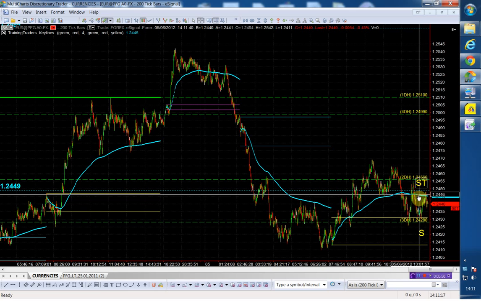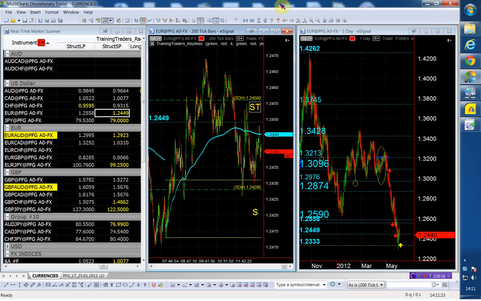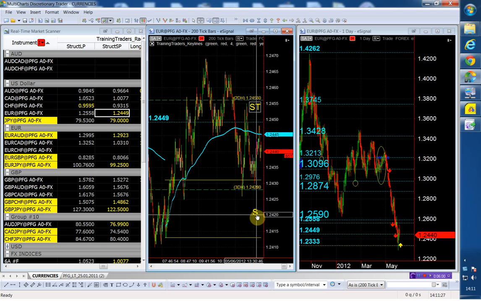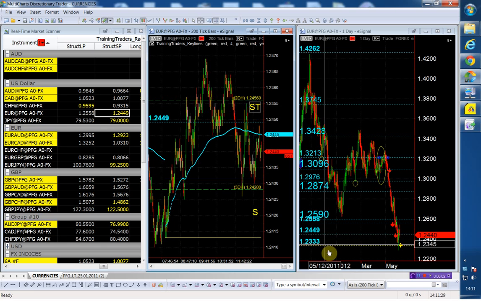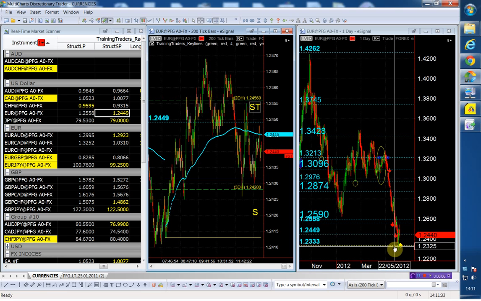Why? Because this now is going to be my structural long point. On the short side, I'm going to short it below 124.20. This is my stop. My structural short point is the 123.33.